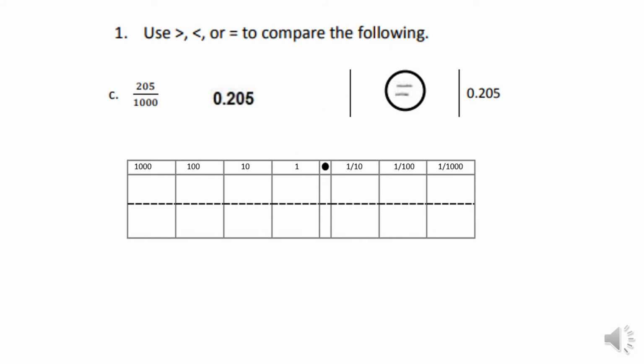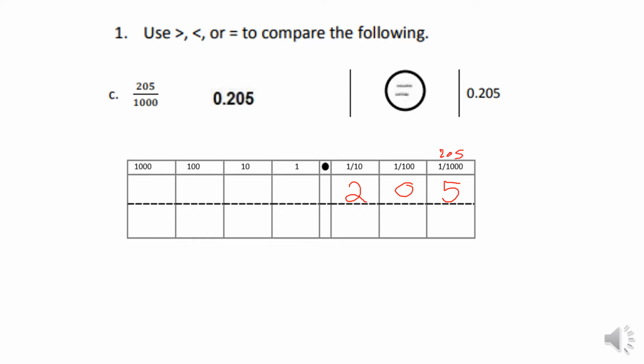Now the next one was done for you, but I also want to show you how to use a place value chart in order to get it correct. The first C says, and it's showing you how they wrote it, 205 thousandths. We're going to put the 5 in the thousandths, and then we have to fill in the digits, because we just can't put 205 in one column.